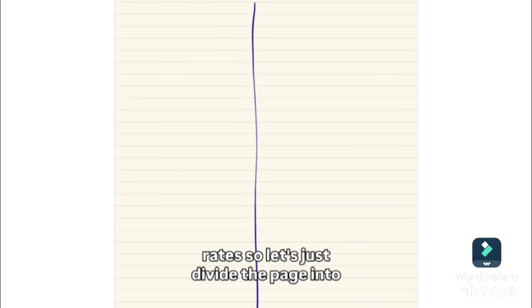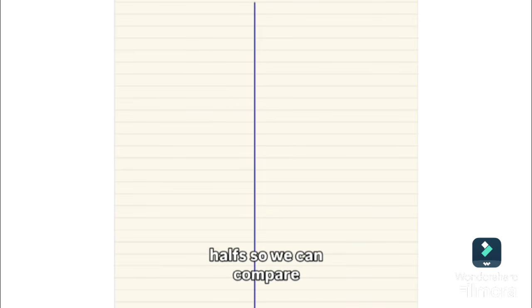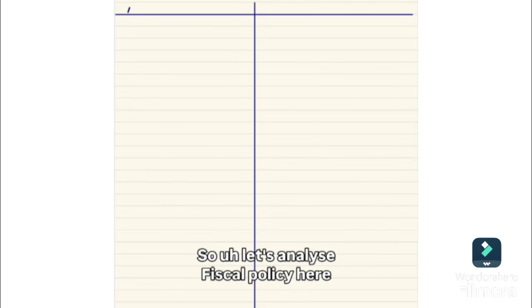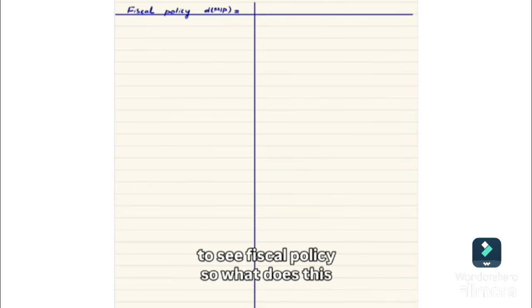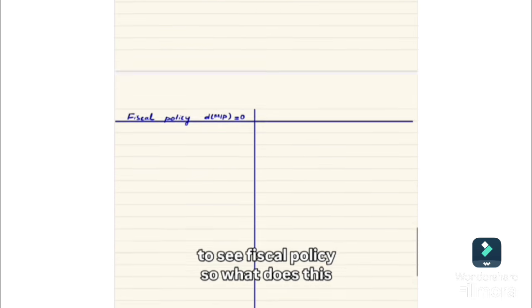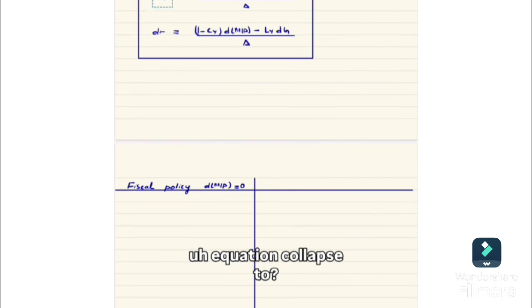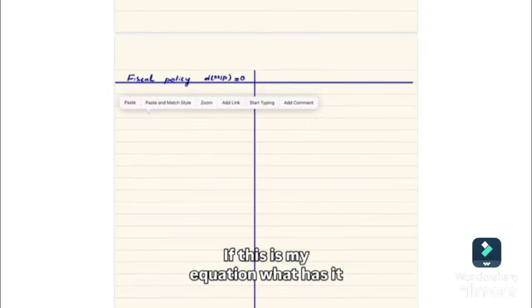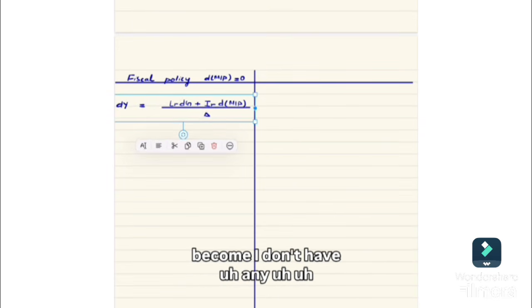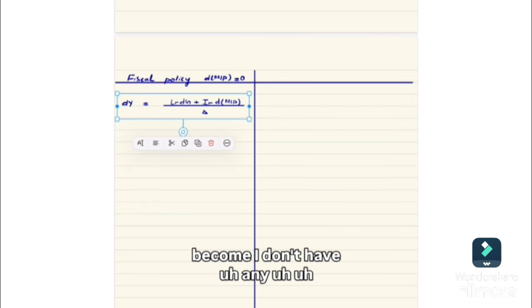So let's analyze fiscal policy here. So what I'm saying is that there's no change in monetary policy. I just want to see fiscal policy. So what does this equation collapse to? If this is my equation, what does it become? This expression here becomes a 0.